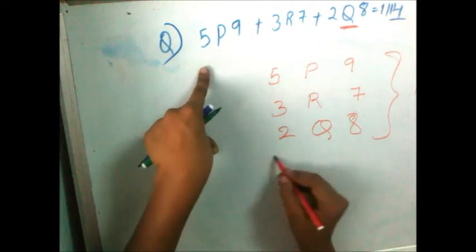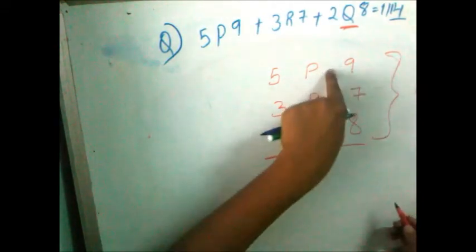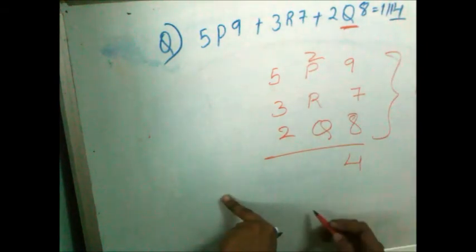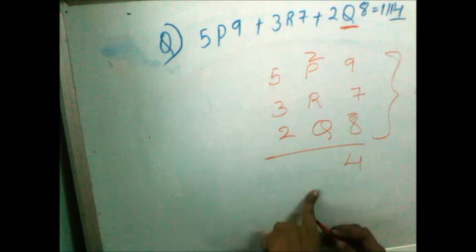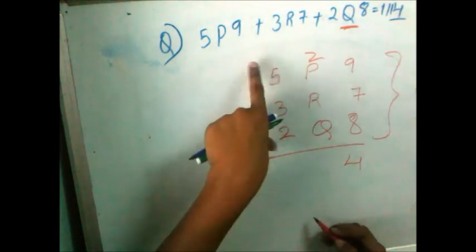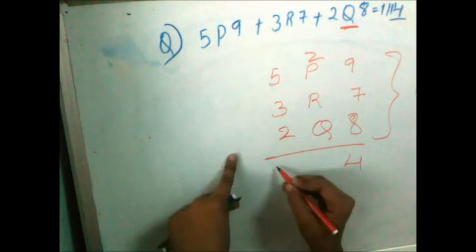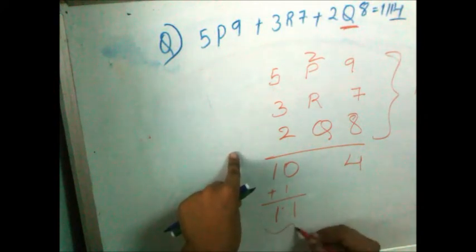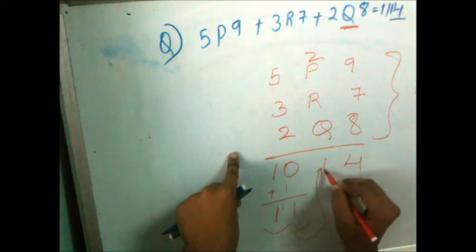Okay. Now the sum of these is 24. Okay, 4 we got. And the last number is 10 plus 1. Just consider this as 11. What is the middle number? 1.